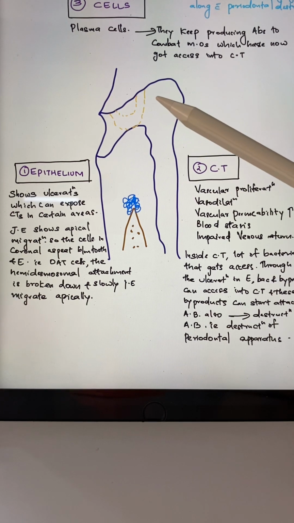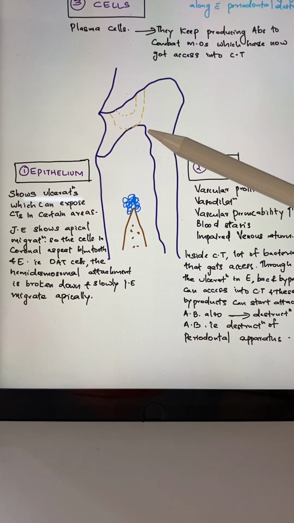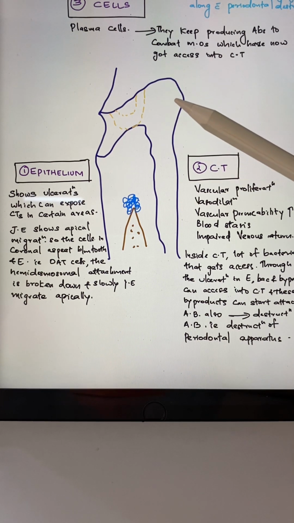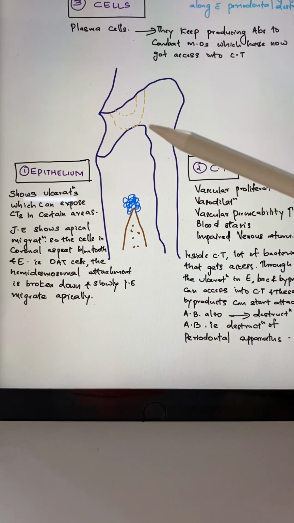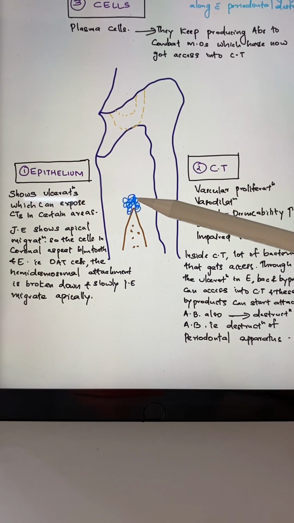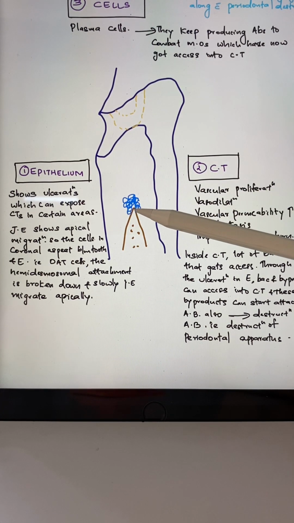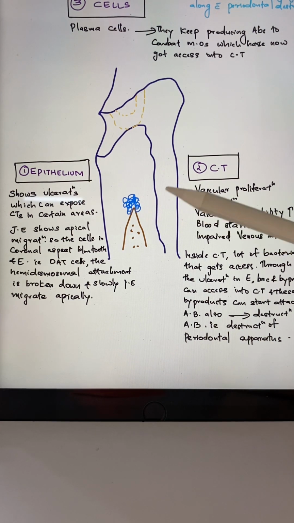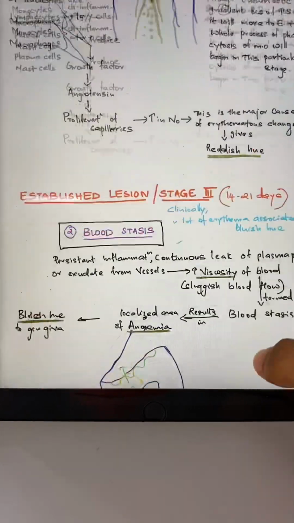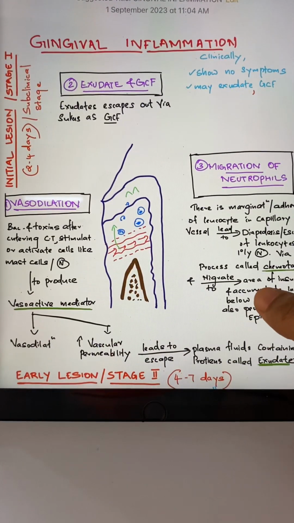Through the ulceration in the epithelium, these bacteria and their byproducts can access the connective tissue, and these byproducts can attack the alveolar bone also, leading to the destruction of alveolar bone, that is, the destruction of the periodontal apparatus. So these are the different stages of gingival inflammation.